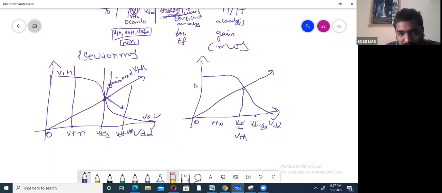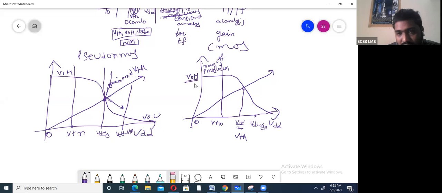So if you take CMOS inverter, in region 1, NMOS is off and PMOS is linear. To find out the VOH calculation, you have to switch off NMOS and make PMOS linear, meaning PMOS saturation current or PMOS resistance.